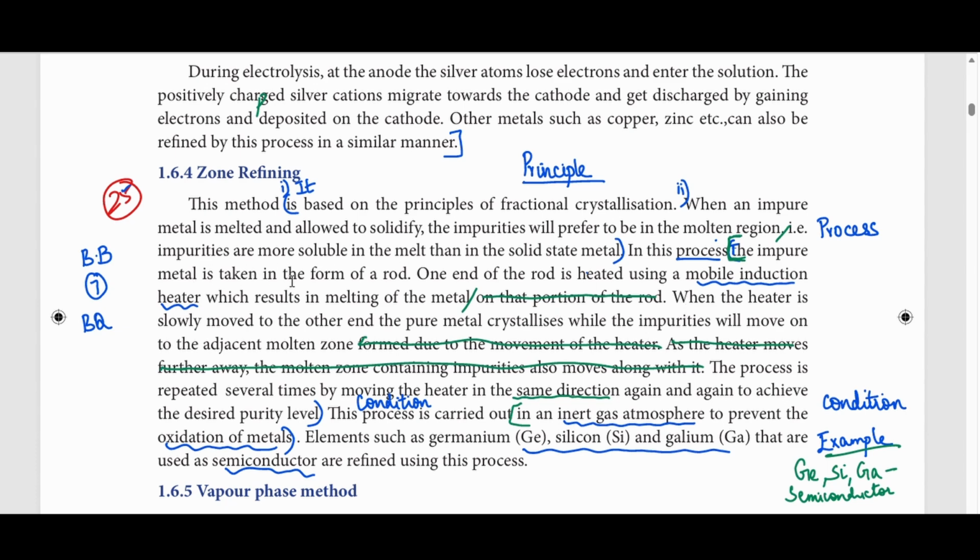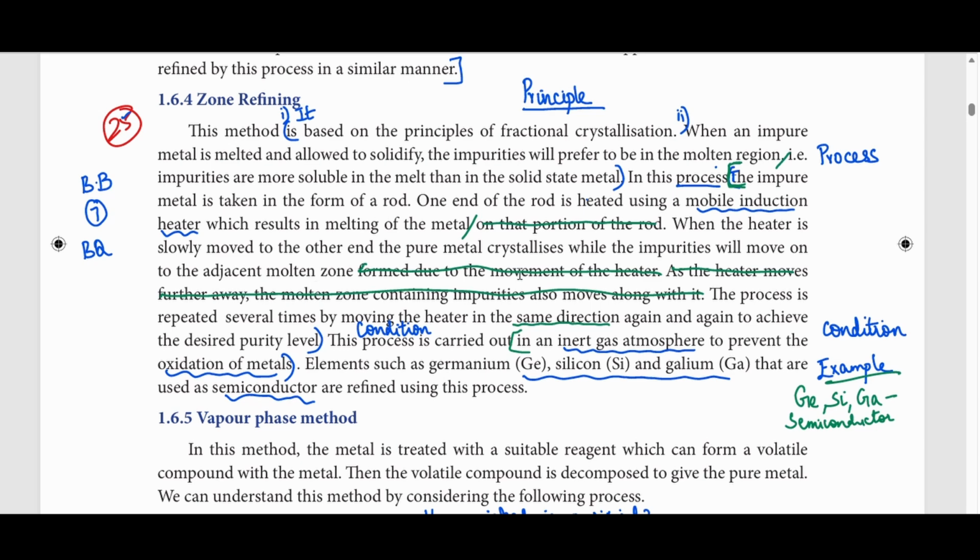The impure metal is taken in the form of a rod. One end of the rod is heated using a mobile induction heater, which melts the metal. When the heater is slowly moved to the other end, only the pure metal crystallizes while the impurities move on to the adjacent molten zone.